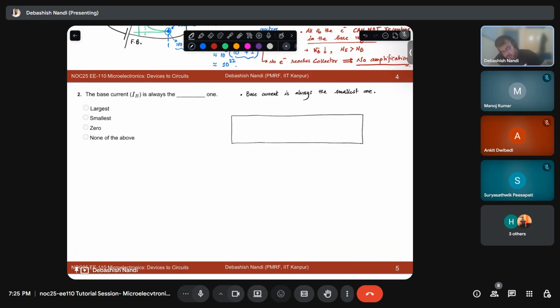No, that is one aspect of it. You are telling the same thing, that the base region width is smaller, so the recombination will happen less. But my question is, what are the current components of the base? You should be aware of that before answering this question. Is recombination current the only current component of the base? You are saying no. So tell me what is the other current component.